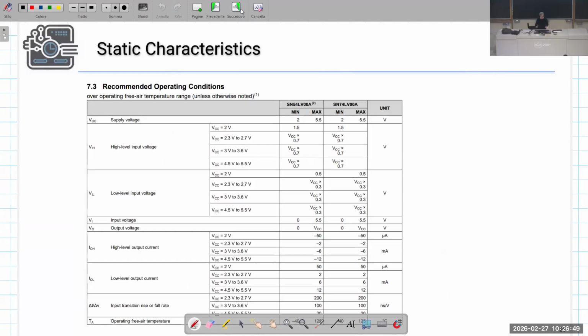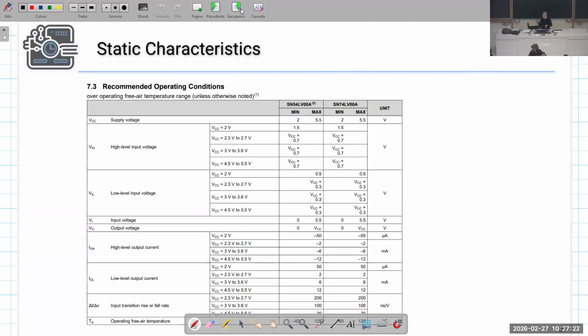Just a very quick comment. These quantities, VIH, VIL, VOH, VOL, exist for any logic family, that is for the single gate, but also for complex systems like microprocessors, microcontrollers, any digital device that you can find in commerce.